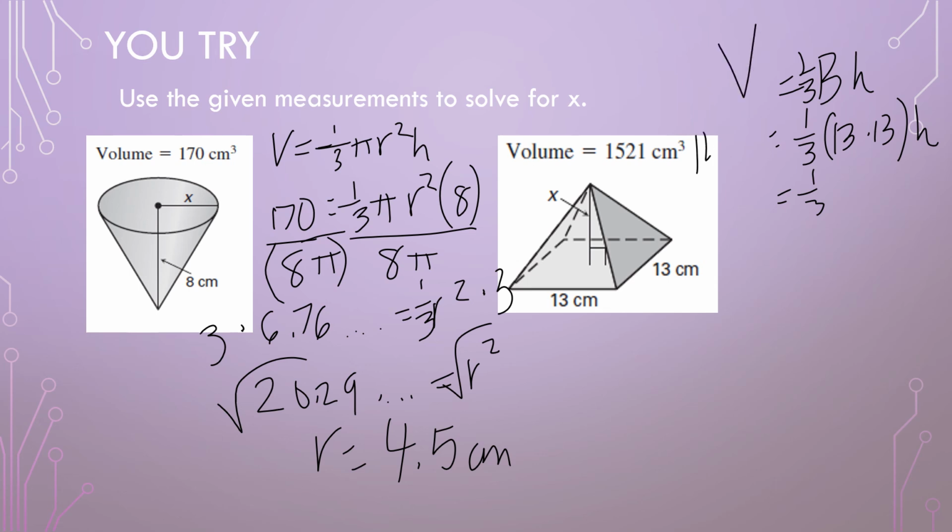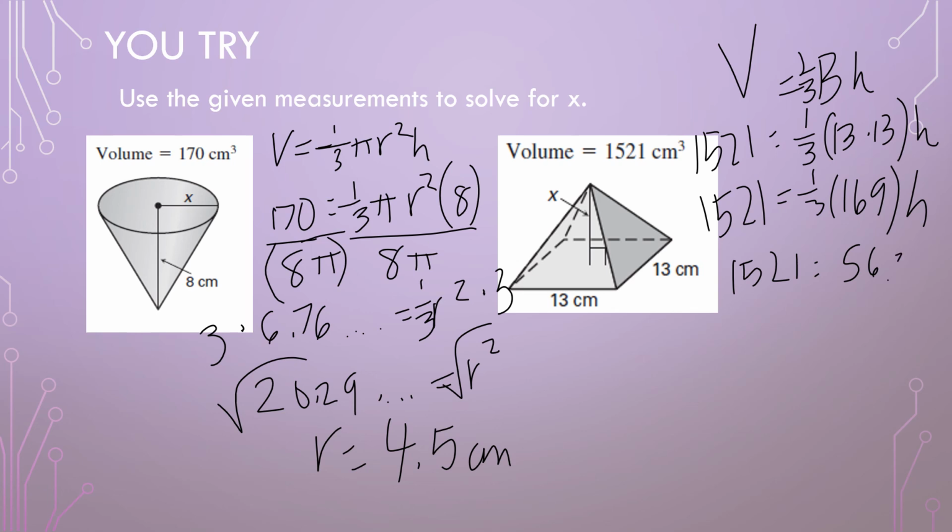So we'd have 1521, and then 13 times 13 is 169. So you can either multiply that 169 by 1/3 or divide it by 3. And then you got 56.3 repeating h.